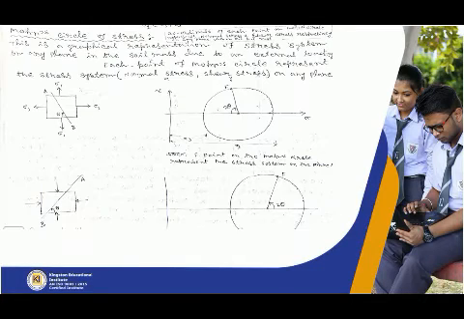Okay, and after that we consider the Mohr circle diagram. Consider a triaxial block of soil on which force is applied. Sigma 1 is the major principal stress and sigma 3 is the minor principal stress.